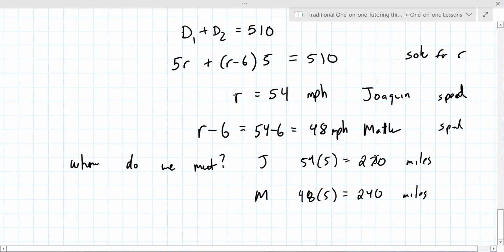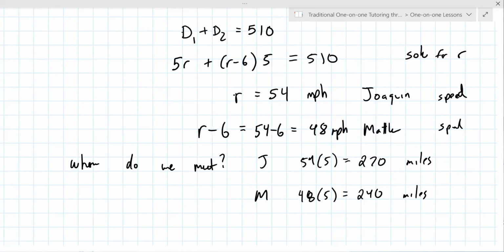That's what most people want to know. And they might be like, well, I'm going to drive at 70, and Matthew's going to drive at 68. Where do we meet? So these are all things that are real life. Maybe in a textbook problem you just want to know the speeds, but real life is we might actually want to know where that is.